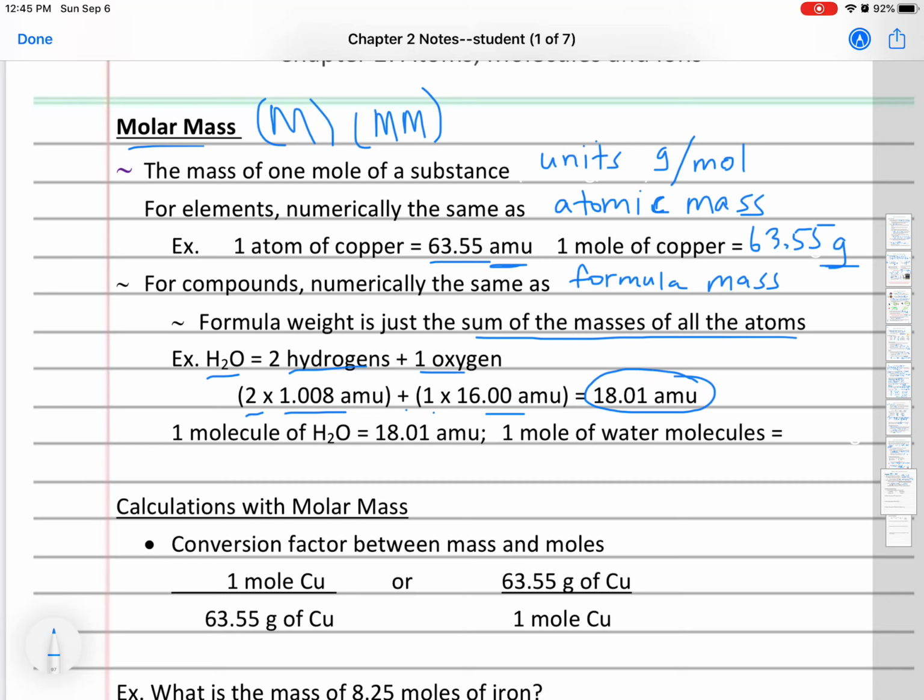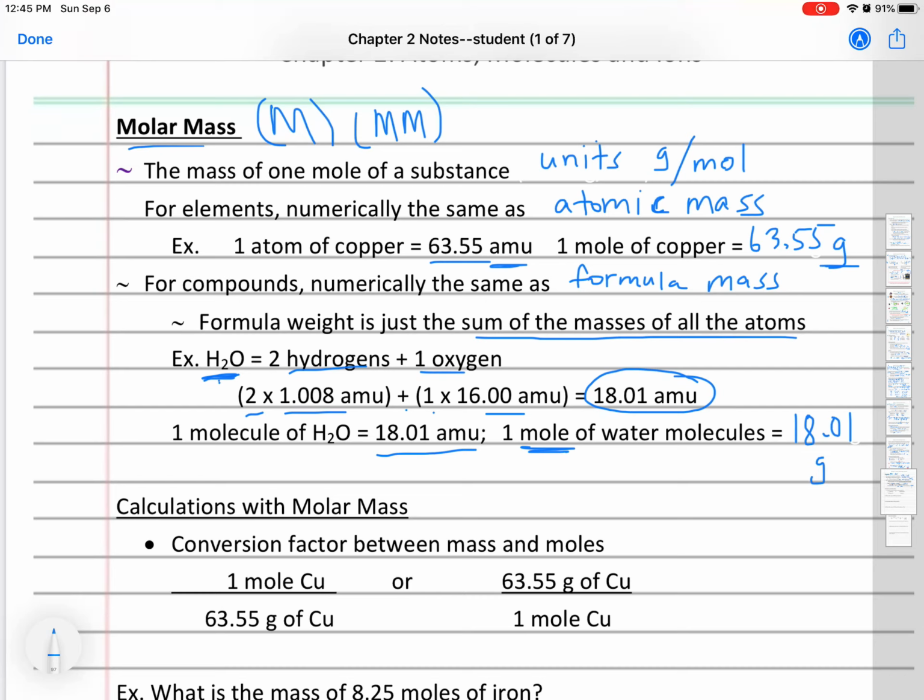We can calculate that using our periodic table and doing a little multiplication and addition. So if 1 molecule of H2O is 18.01 atomic mass units, then 1 mole of water is just 18.01 grams.